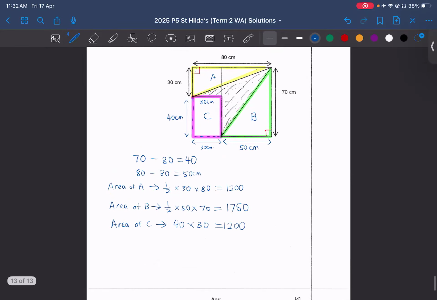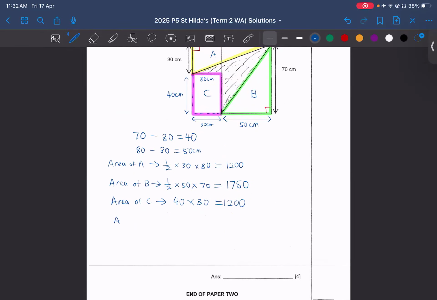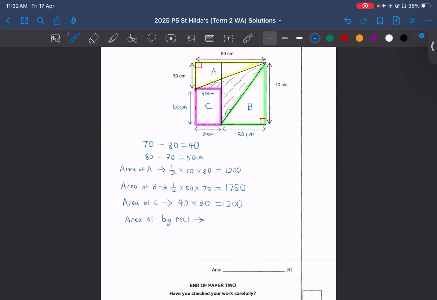Okay, so now we found the part A, part B, and part C. So next we find the area of the big rectangle. Your length is 80, your breadth is 70. So 80 times 70 gives me 5,600.